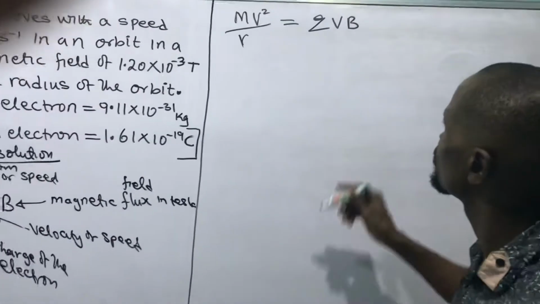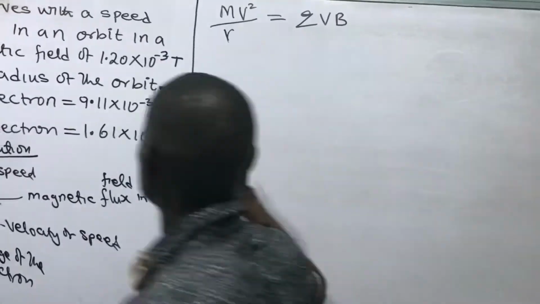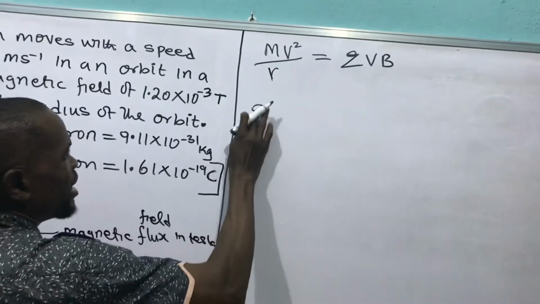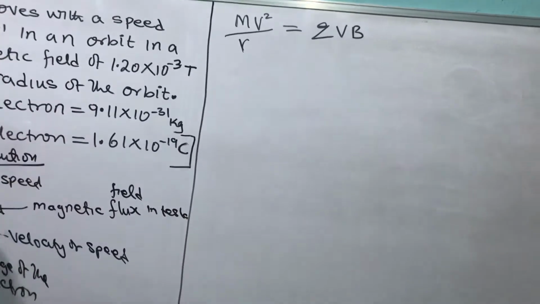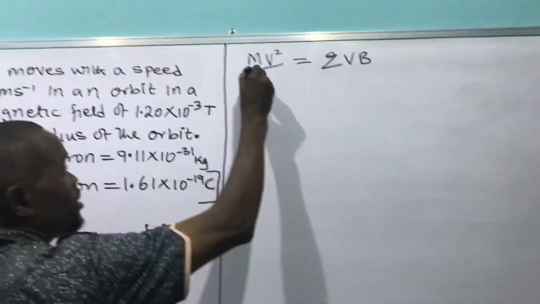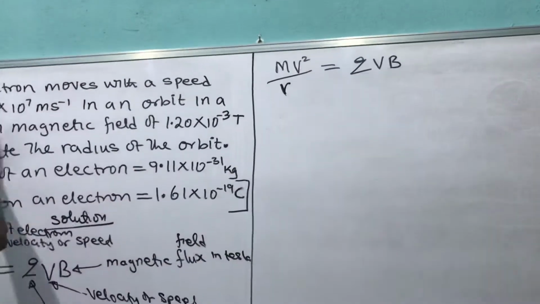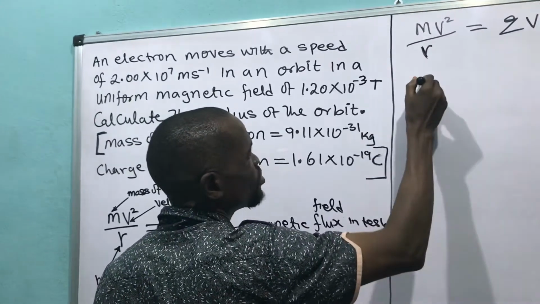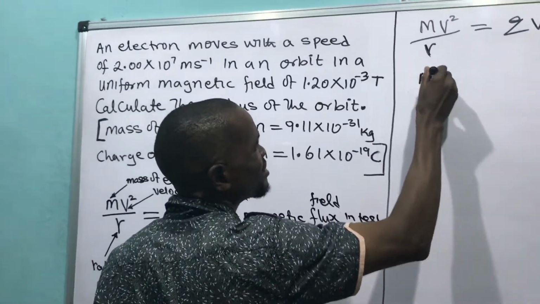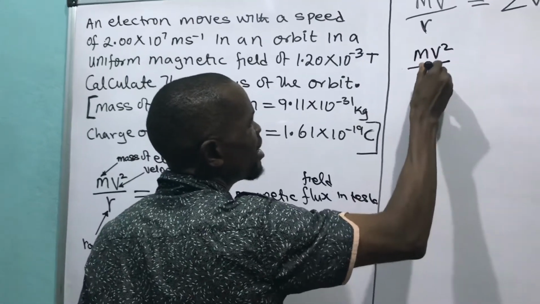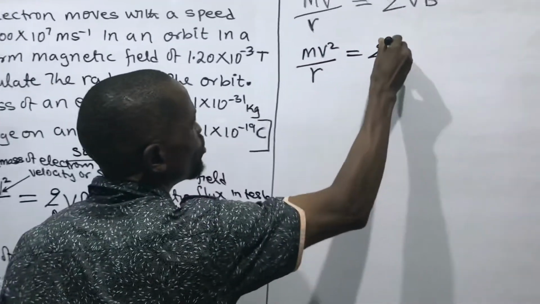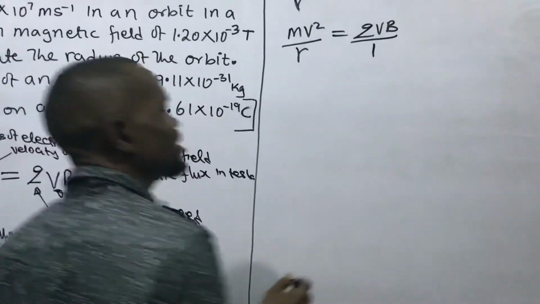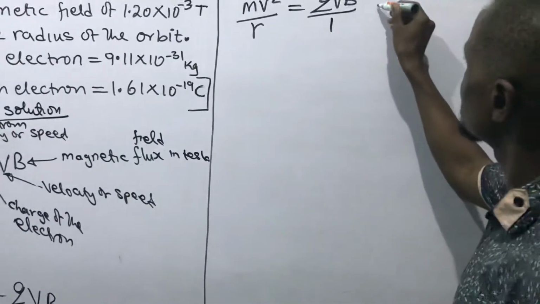Okay, before we substitute, what we want is the radius, right? The question says we should calculate the radius of the electron's orbit. Making the radius the subject of the formula, I can say that mv squared all over r is equal to qvB all over 1.